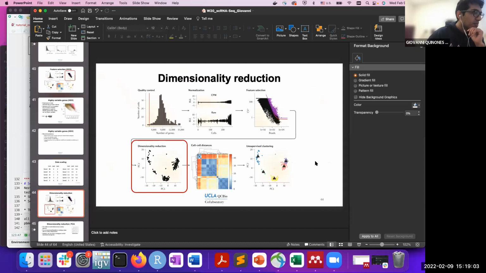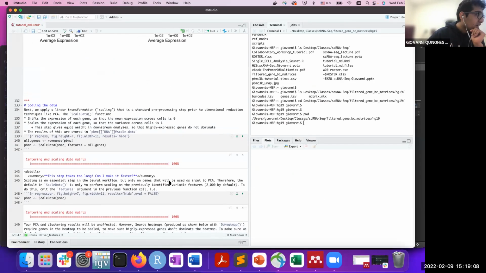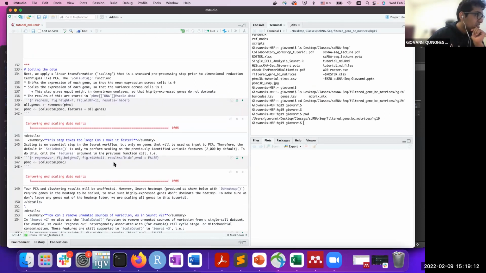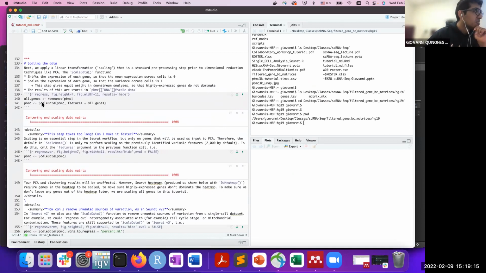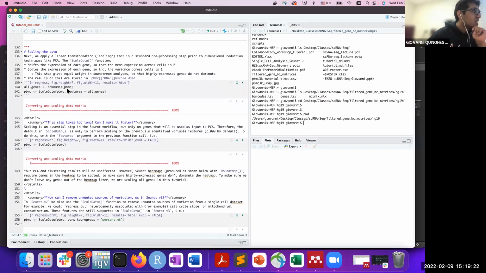So with that, we go back to our code in R. The way we scale the data, again very straightforward, is a simple function called ScaleData. In this tutorial, they point out that in the first cell they're scaling the values for all the genes, which is something you can do, but like I mentioned before, we perform feature selection with our highly variable genes.